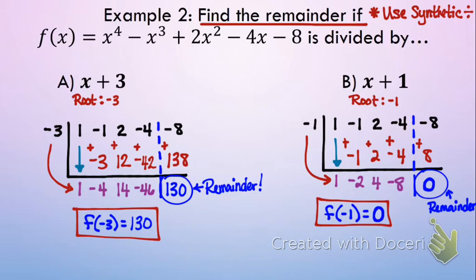It's kind of special that I got 0 as my remainder. Does anybody know what that means about -1? It's an intercept. It's an x-intercept. -1 is a root or a 0 of our function.